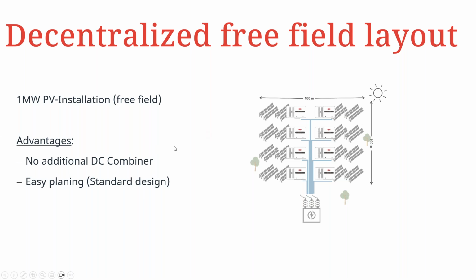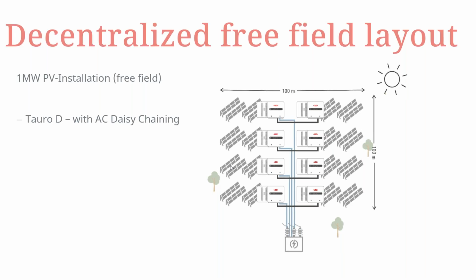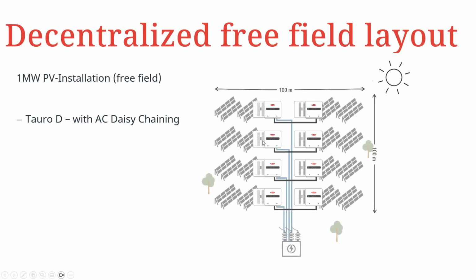So the advantage of this particular topology is that you don't need any additional DC combiner boxes, and of course planning is basically easy. So you can have it in this way, or you could have it with the advantage that Fronius brings to us, which is the Tauro AC daisy chaining option.